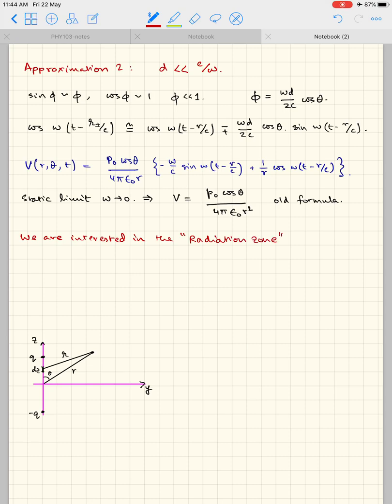So that is large distances, interested in fields that survive at large distances from the source. And this is going to be our approximation 3, which is r is going to be much greater than c over omega.